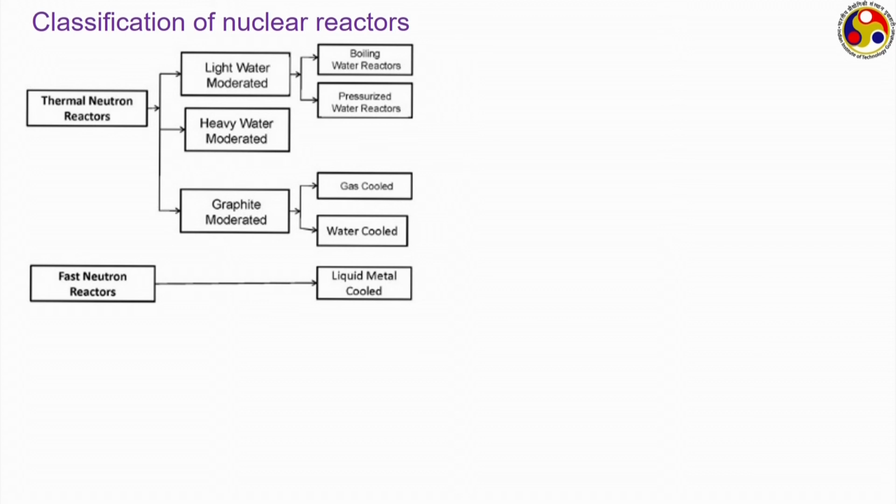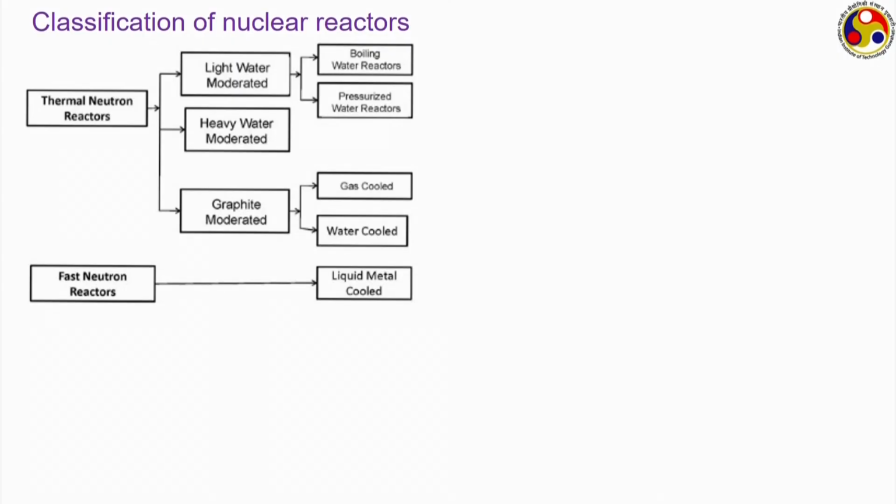So, depending upon moderator, we can have 3 types of thermal neutron reactors: the ordinary water reactor or the light water reactor, the heavy water reactor which uses D2O as the moderator, and of course, the graphite moderated reactor. And the light water moderated reactor again can be classified into 2 categories depending upon the physical state of the coolant that they use.